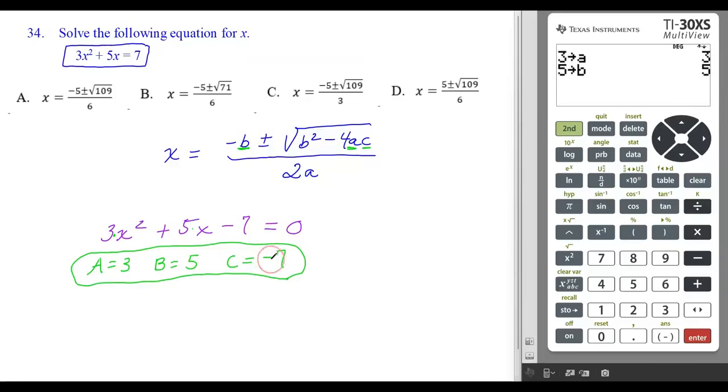And then we'll store negative 7 with C. This is negative, so hit negative here, 7. And then hit your storage button right here, and then hit it repeatedly till it says C. Hit enter.